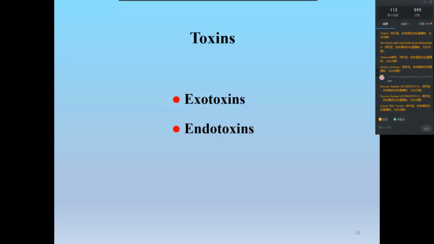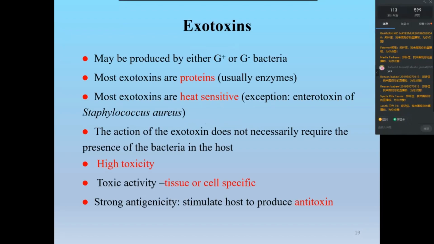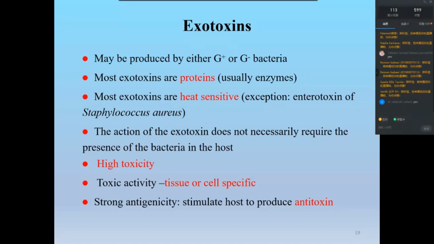And we learned the structure of LPS and the components on the molecule. For exotoxin, they are proteins. We'll talk about exotoxin first. So exotoxins can be produced by either gram-positive or gram-negative bacteria. Most exotoxins are protein molecules. Usually they are enzymes.